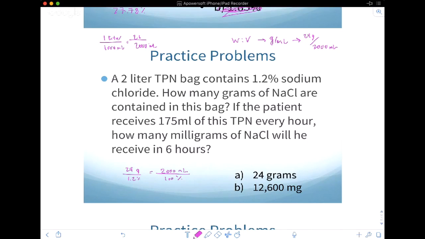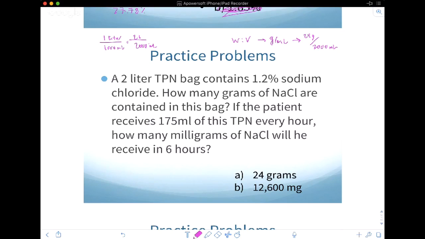All right, so if the patient receives 175 milliliters of this TPN every hour, how many milligrams of sodium chloride will be received in 6 hours? This is kind of taking another mathematical area into play, so let's think.